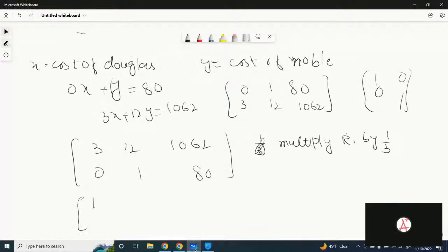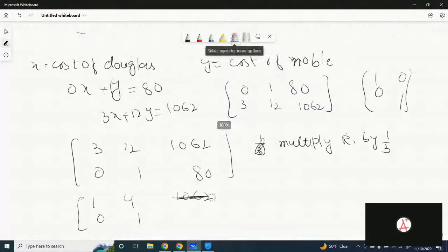So it would be 1, 4, and you have to divide 1062 by 3 also. It would be 354, because you have to divide it by 3 also.